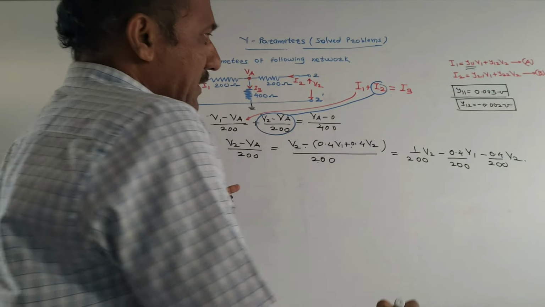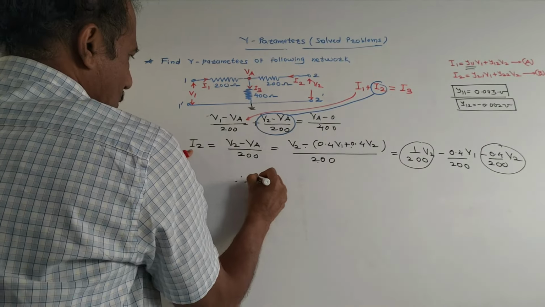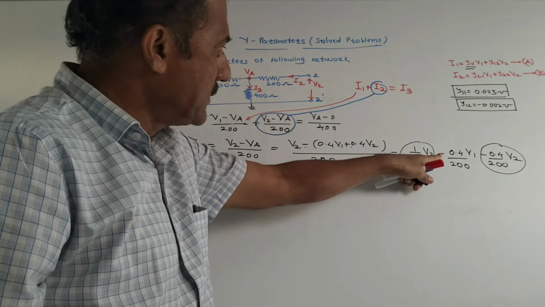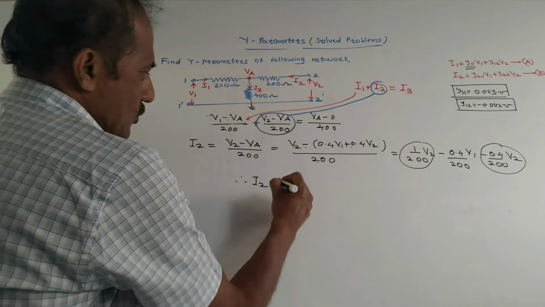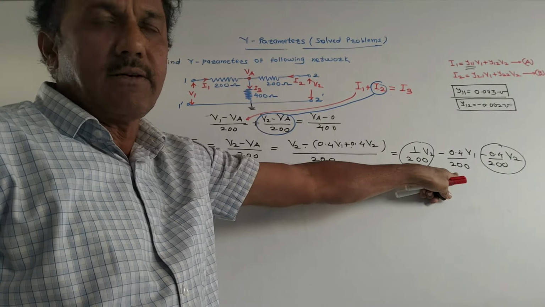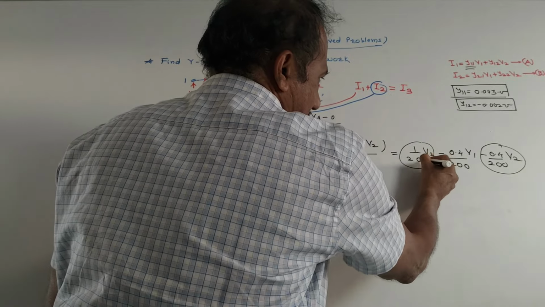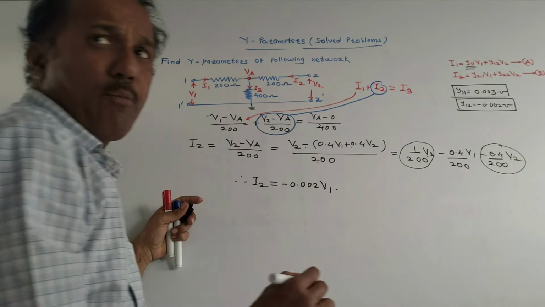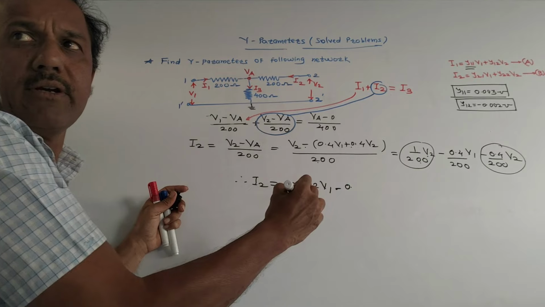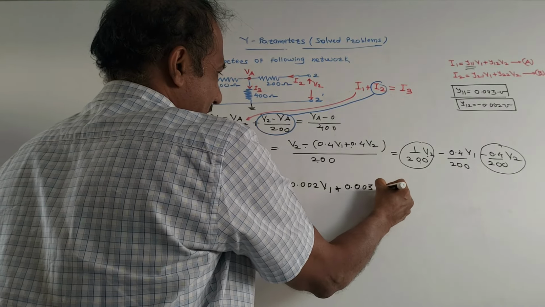You need to simplify it. You need to club these two values of V2. This is basically the equation of I2. So after simplification, this first term is 0.4 upon 200, so it is minus 0.002 V1. I am talking about this term V1, which is 0.4 upon 200. If you combine these two terms, 1 by 200 V2 minus 0.4 upon 200 V2, this gives me the value of plus 0.003 V2.